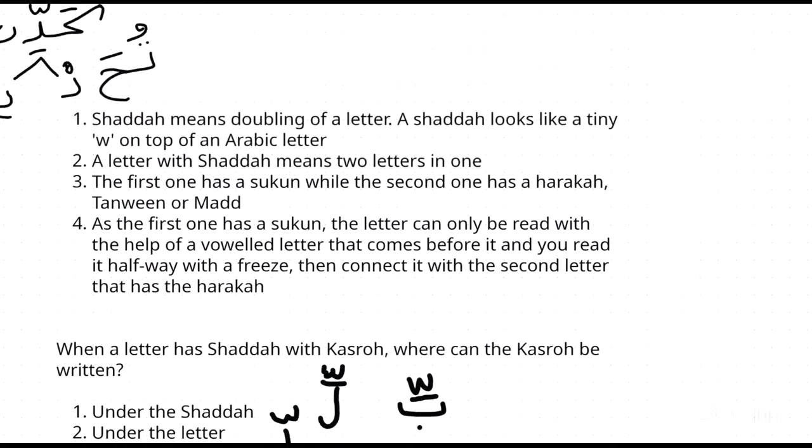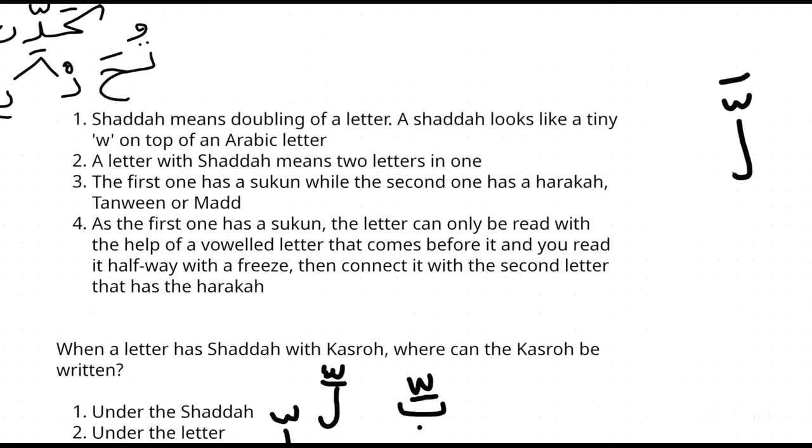When you see a letter lam, for example, it has this tiny W on top of it, and it must also have a haraka, either fatha, kasra, or dhamma.